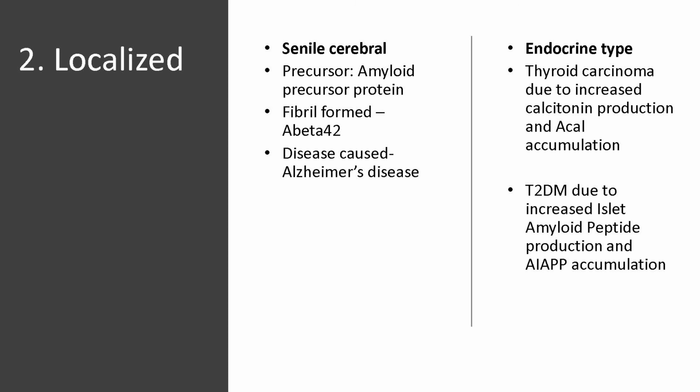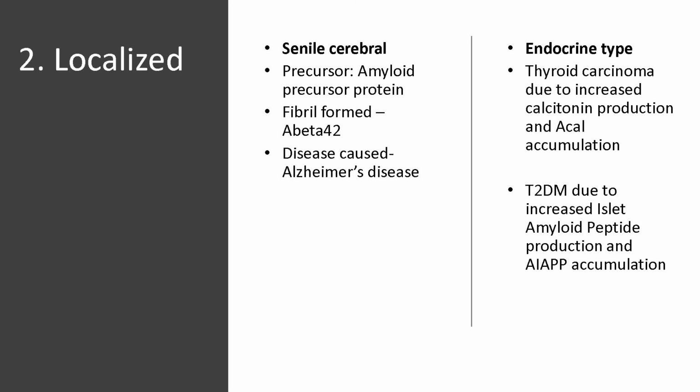In the endocrine type, two cases can be cited. One is the carcinoma of the thyroid and the second one is type 2 diabetes mellitus. In the carcinoma of the thyroid, it has been observed that a peptide called calcitonin, which has hormone functions, has an increased propensity to aggregate.